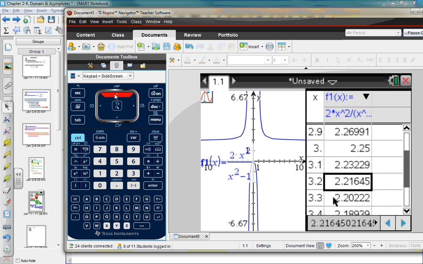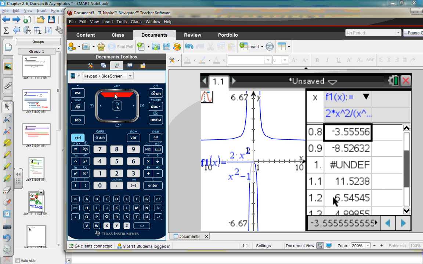Oopsie. I went way too far. Look what's happening between 0 and 1. Look at that, the y value. It's decreasing, decreasing, decreasing, but it's never, ever going to be on the value 1. Okay? 1 is never going to get there.